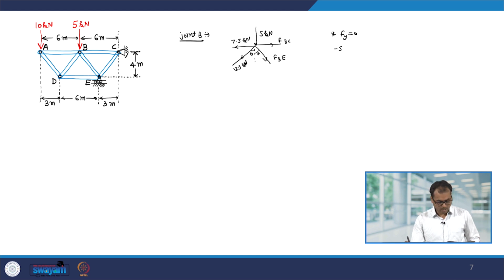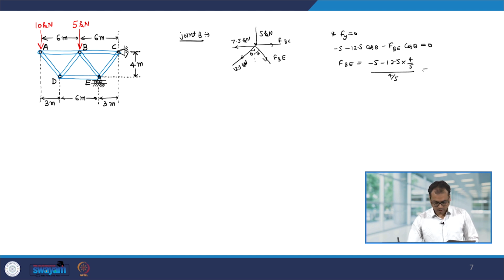So, this gives you minus 5 minus 12.5 cos theta minus FBE cos theta equal to 0. This gives you FBE equal to minus 5 minus 12.5 into cos theta, which is 4 by 5, and divide by cos theta which is again 4 by 5.